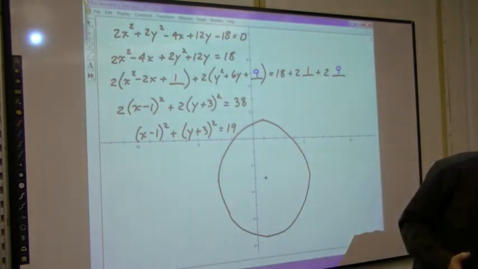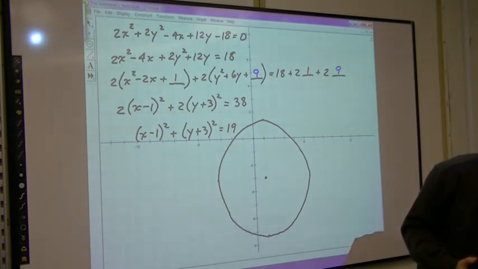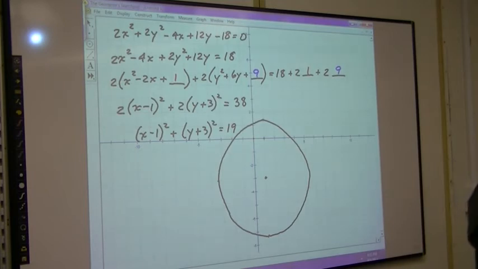Okay, now one more type of problem is where they give you different features of the circle.